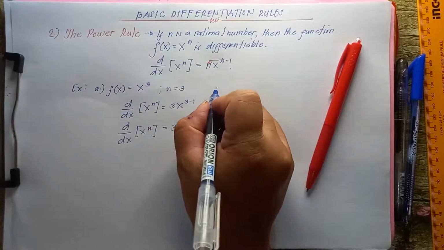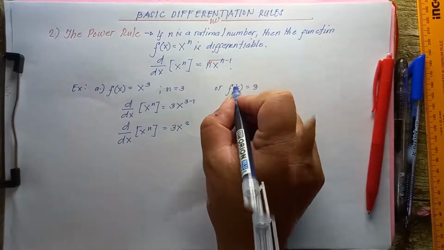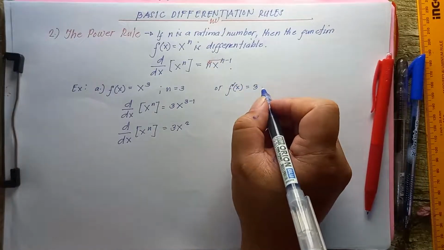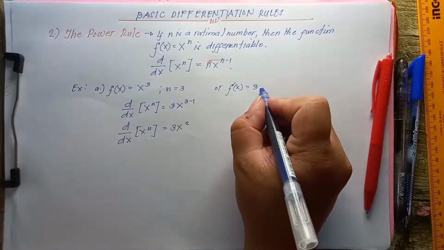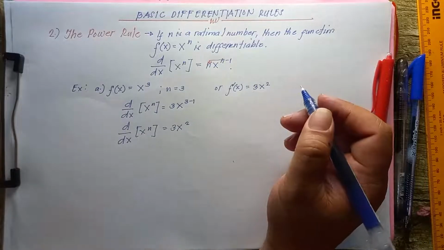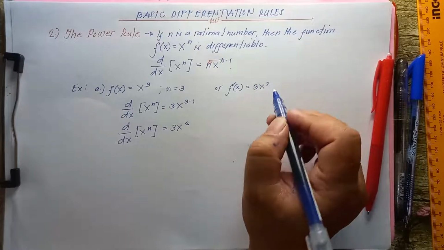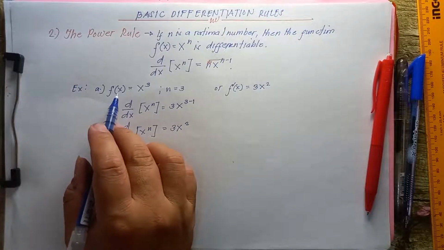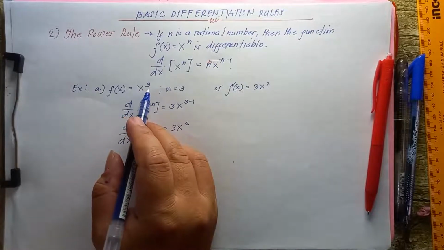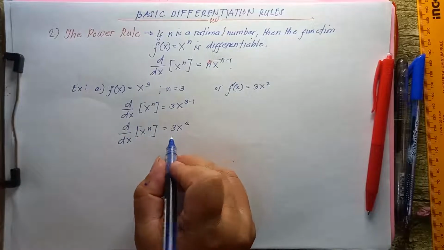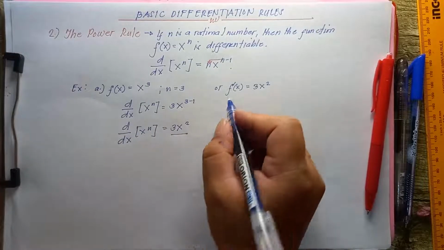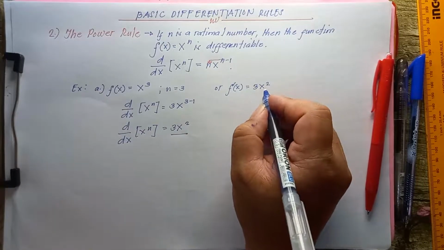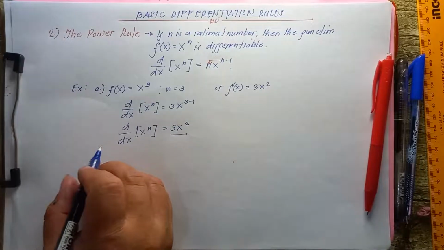Or this can be written as f prime of x is equal to 3x raised to 2. So again, the derivative of the given function f of x, which is equal to x raised to 3, is 3x raised to 2, or f prime of x is equal to 3x raised to 2. Okay, letter B.